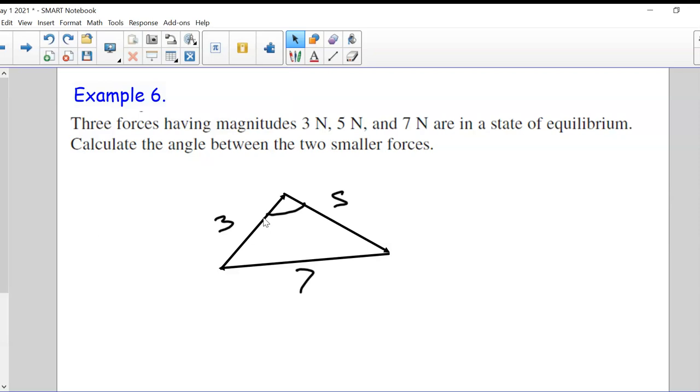But we can actually use the original condition to figure out the angle between the 3 and the 5, and then use a supplement of that to figure out when they are tail to tail, because that's how you measure. It says angle between two smaller forces. The two smaller forces would be when the vectors look like this, tail to tail. This is the 3, this is the 5. I move that up there. So the angle between them is this angle right here.